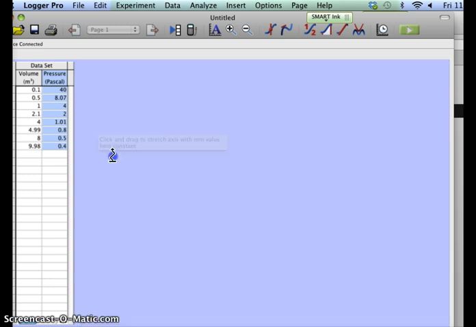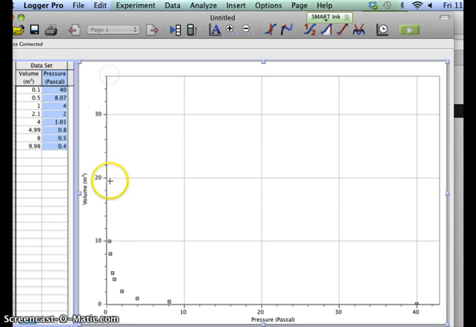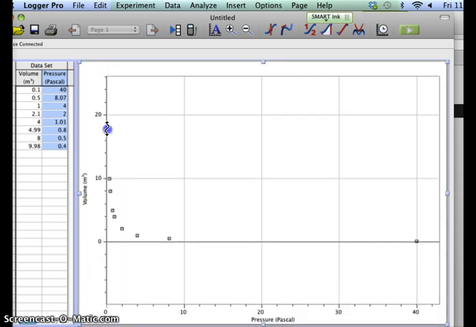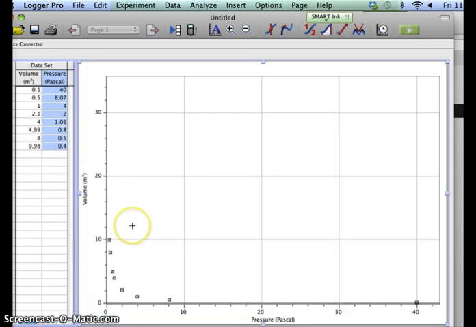Now, this graph looks like an inverse relationship. So what we do in science at this point is we say, all right, if we are correct, you got to hear the logic here now. If indeed this is an inverse relationship, then volume will be proportional to 1 over pressure, right?